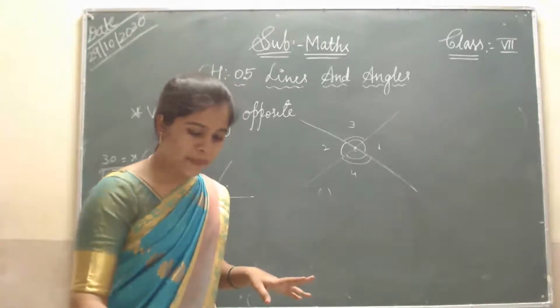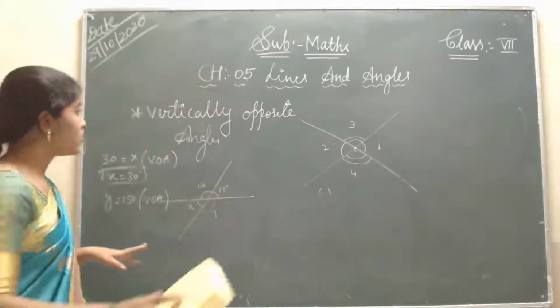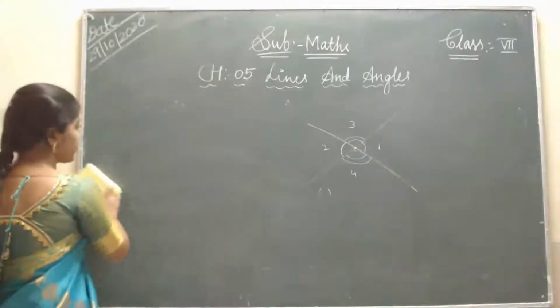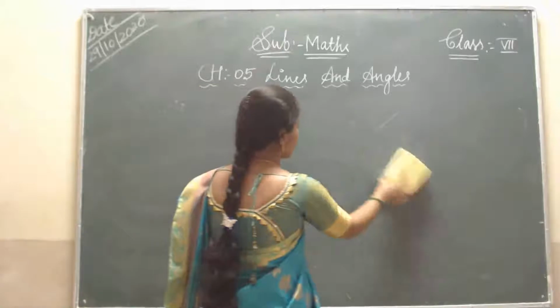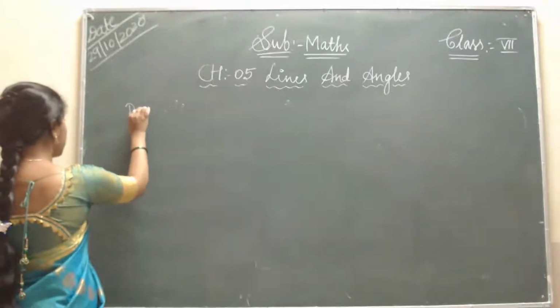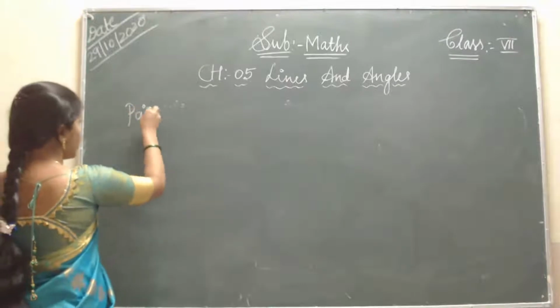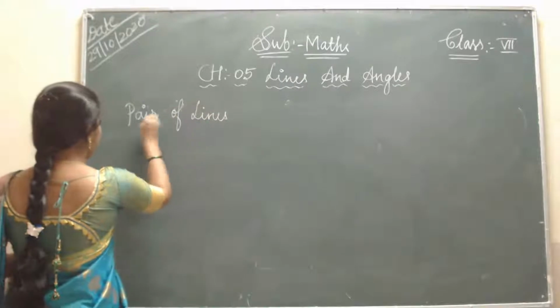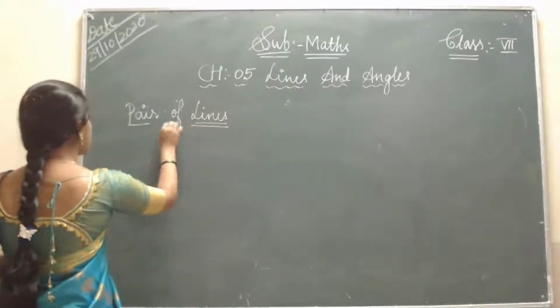Next, coming to the next part, pair of lines. Pair means two lines joined together. Two lines is one thing.